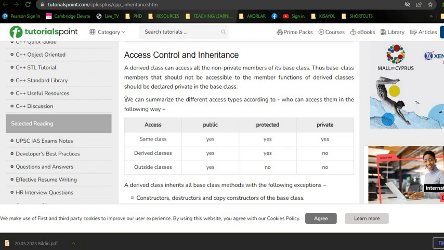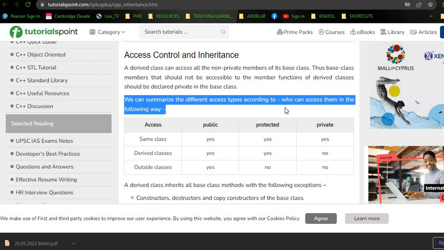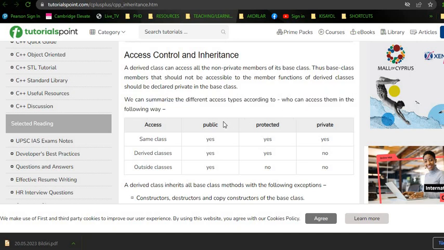Okay. So we can summarize the different access types according to who can access them in the following way. In the same class, means members of the class, it doesn't matter if they are public, protected, or private.